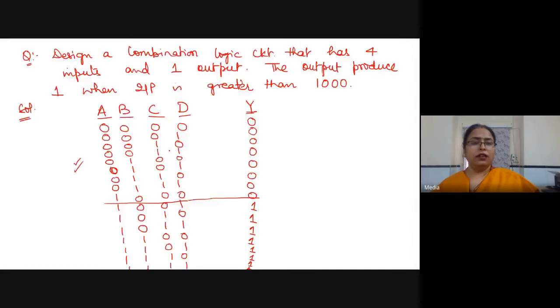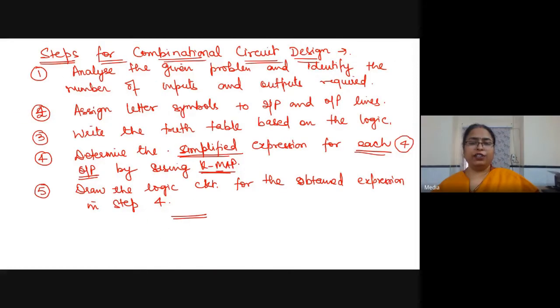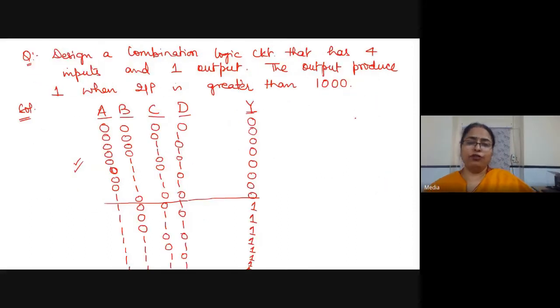Next is determine the simplified expression for each output by using K-map. Now we have to simplify it using K-map. I have told you how to plot a truth table on a K-map also. So now how many variables are there? 4.